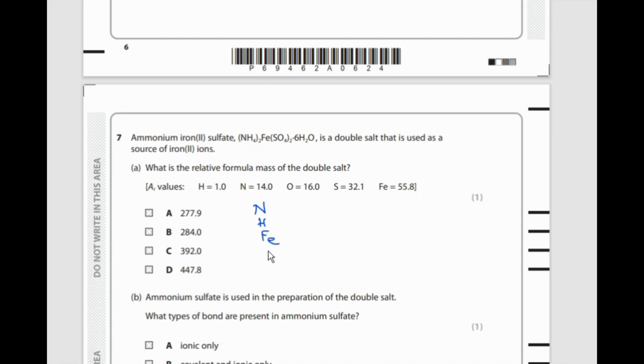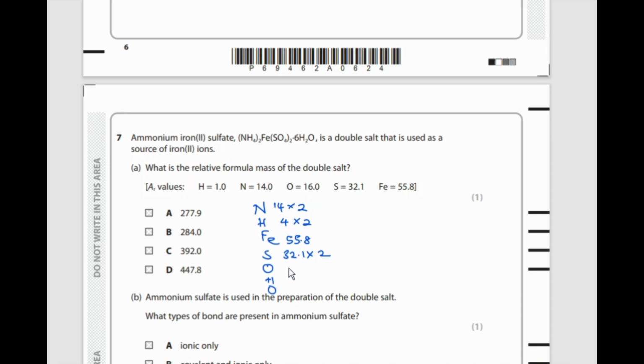So for this one, what you do is just write down the elements that are forming the compound. You can choose to spread them out, then slowly, account for each and every element. So in this case, nitrogen, we have 1 times 2 because of the bracket. Hydrogen, we have 4 times 2 because of the bracket. We have only 1 of iron. Sulfur, we have 2 because of the bracket, so that becomes 32.1 times 2.